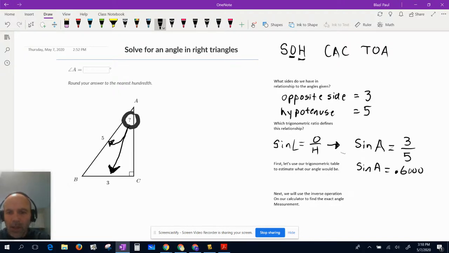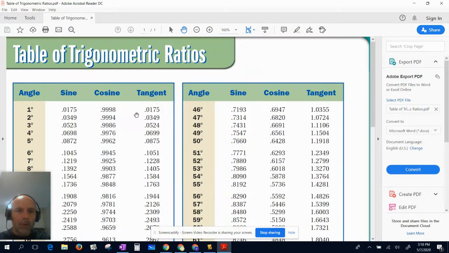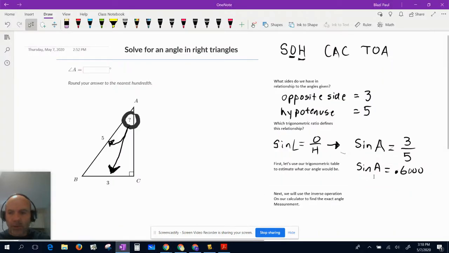The reason I wanted to write it like this is because I want us to go to our trigonometric table. Remember this? Our table of trigonometric ratios, all right? What we want to do here is figure out what angle it is whenever the sine is equal to 0.6000.